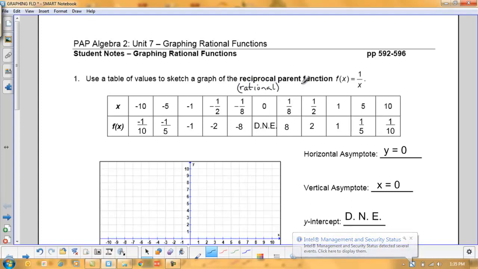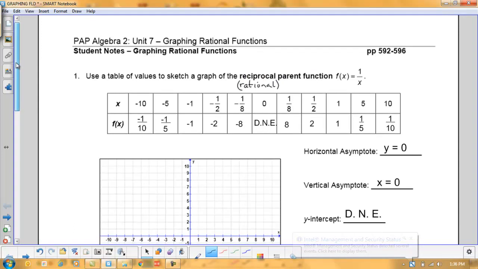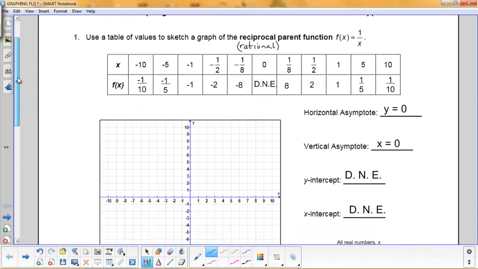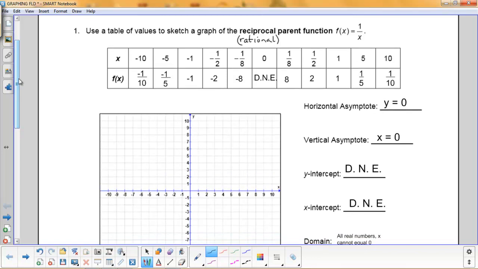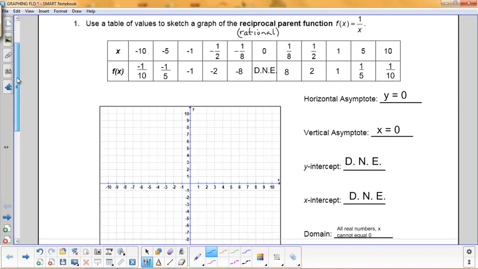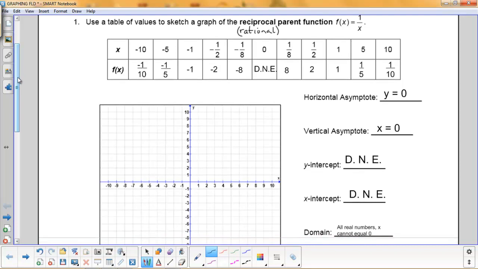All right, the rational parent function is a parent function we studied earlier in the year. We're just going to bring it back to the forefront right now so that you guys can see exactly what it is you're supposed to be transforming and what the parent function looks like from all aspects.